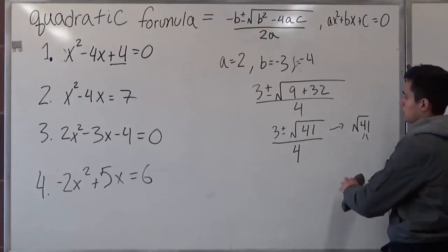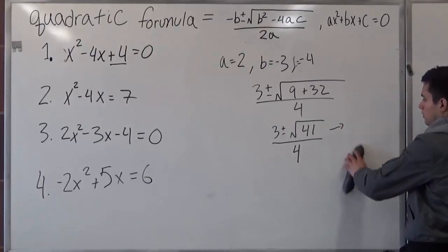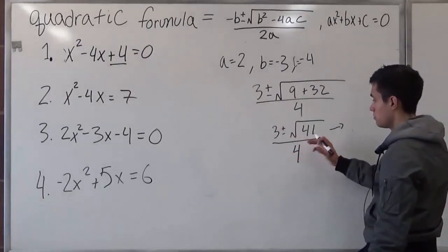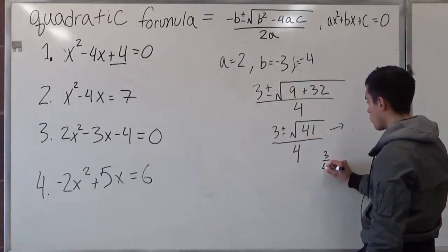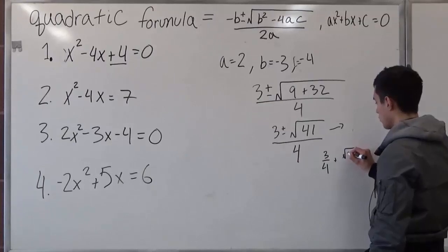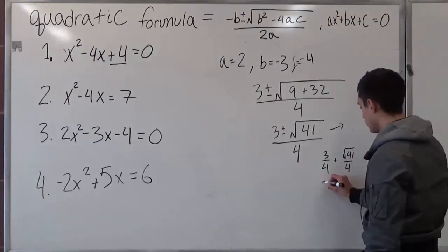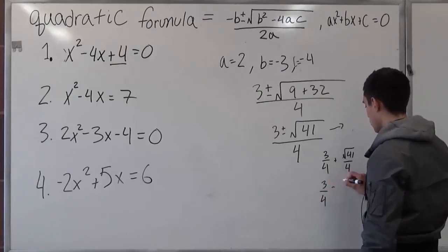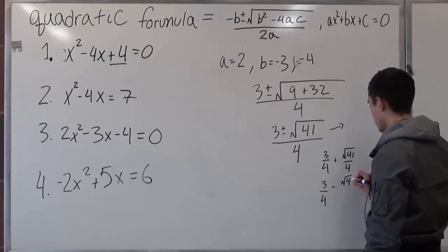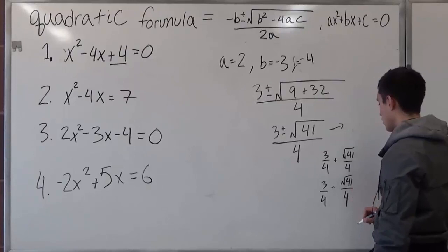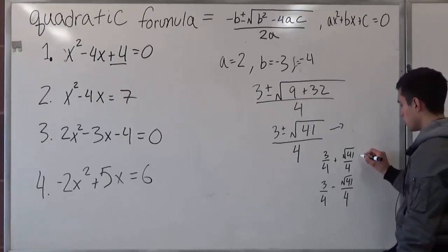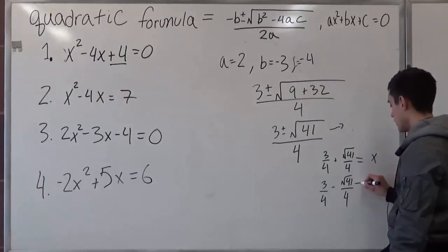But we still can simplify it. So this just means 3 over 4 plus radical 41 over 4, and 3 over 4 minus radical 41 over 4. So in turn, this could be written as our final answer.